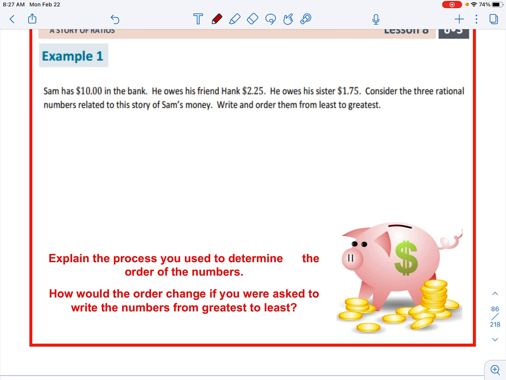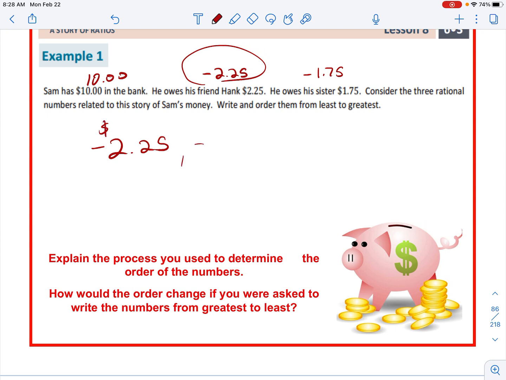So, this is going to be a positive $10 because that's how much he has in the bank. This is going to be -$2.25 because he owes that to his friend. This is going to be -$1.75 because he owes that to his sister. So the smallest number here is -$2.25.